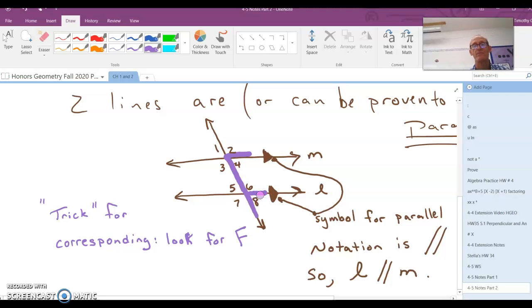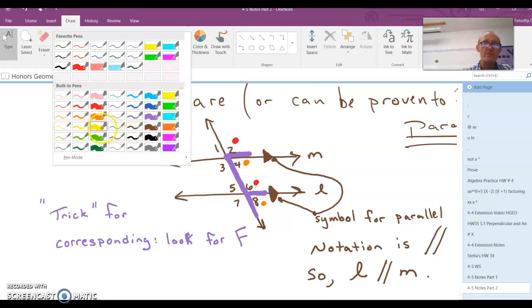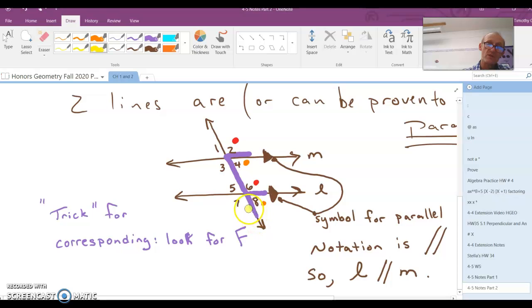There's your F. And you can see the corresponding angles 4 and 8, and the corresponding angles 2 and 6. Now another F is on the opposite side there. See it here?